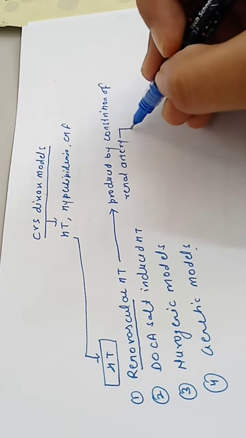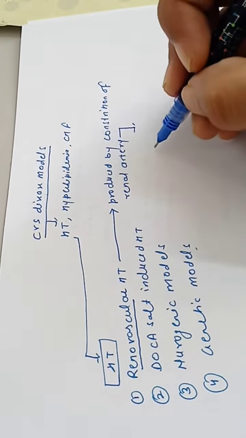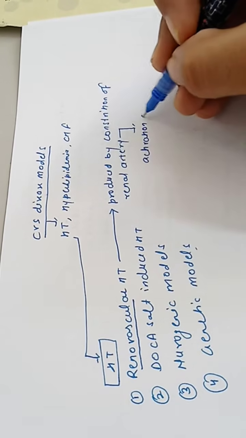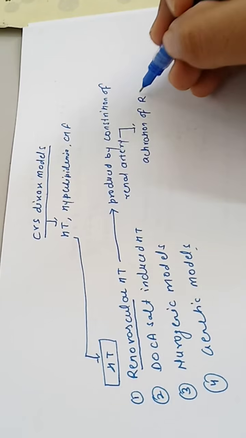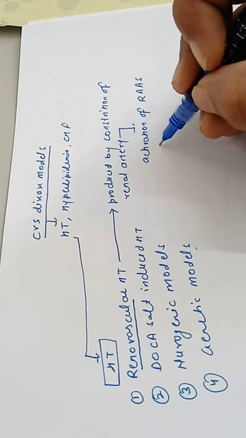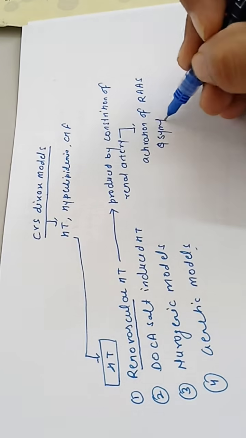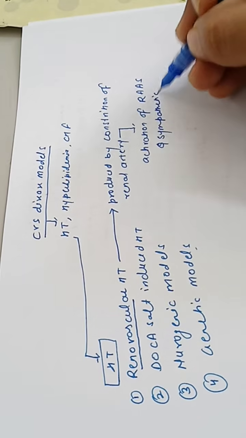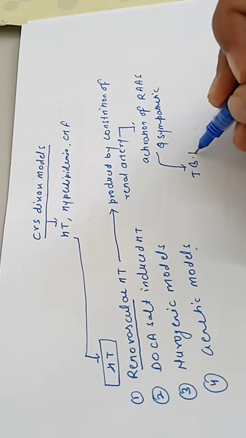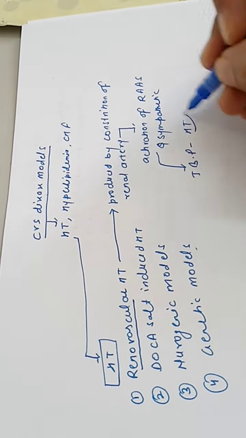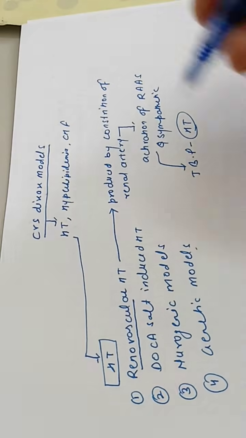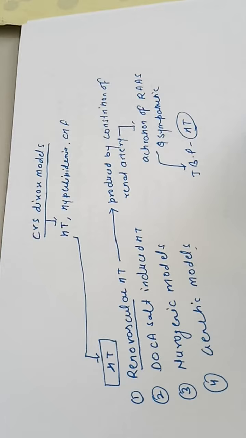The renal artery constriction will result in activation of the renin, angiotensin, aldosterone system, and also activation of the sympathetic system, and ultimately an increase in BP and hypertension. So this is its mechanism, how it induces renovascular hypertension.